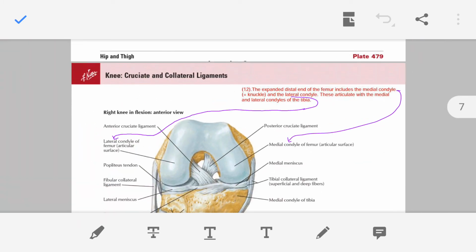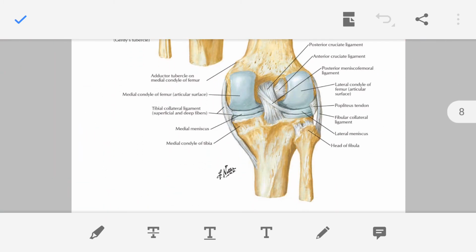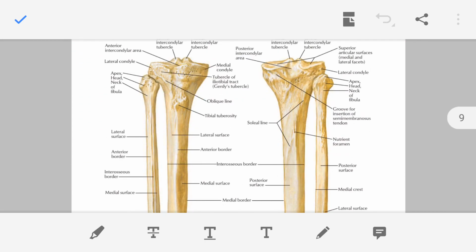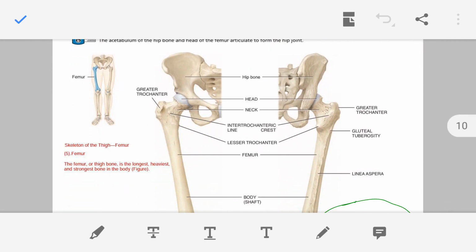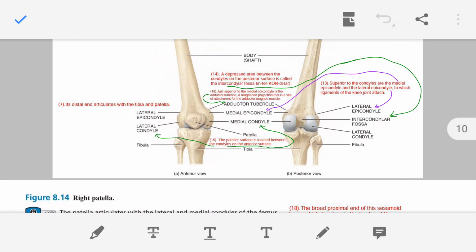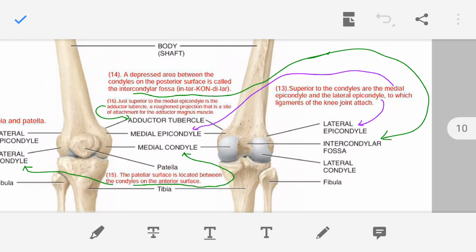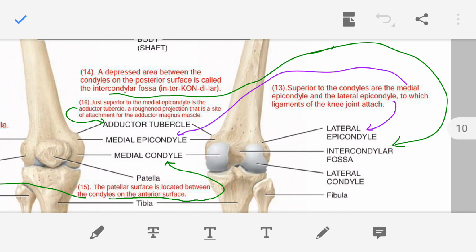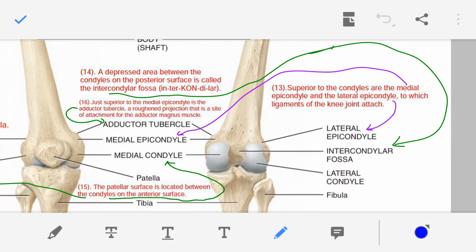Now moving on to point number 13. Now superior to the condyles, for example this one is the medial condyle, this one is the lateral condyle.